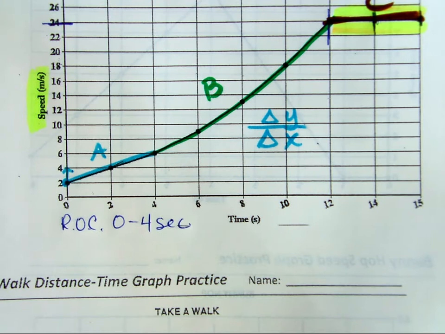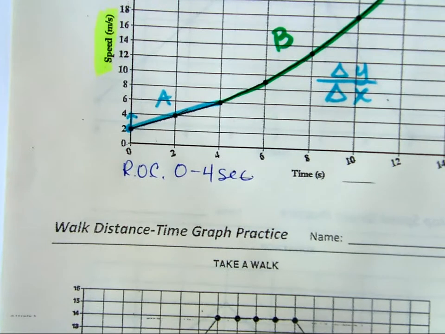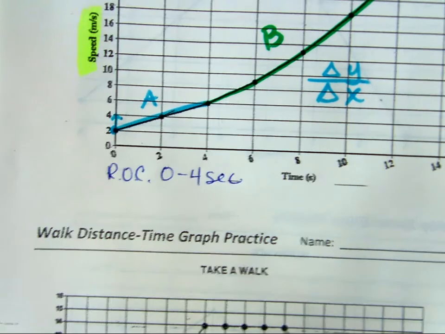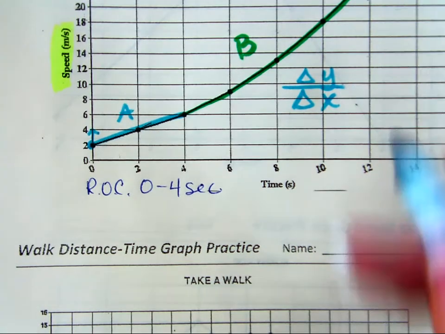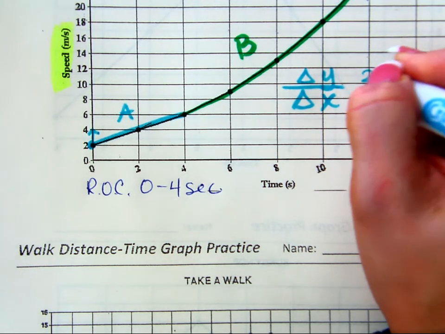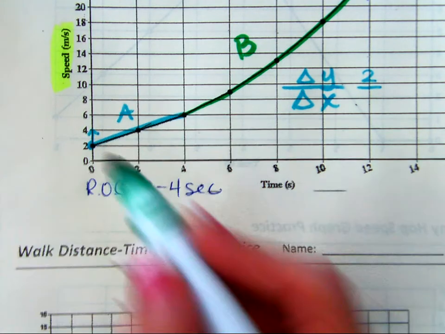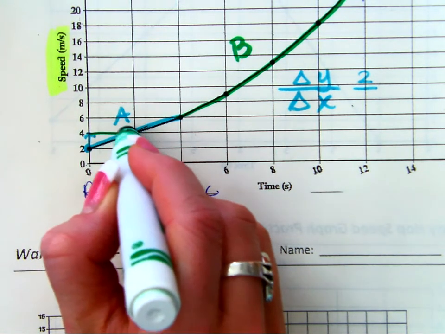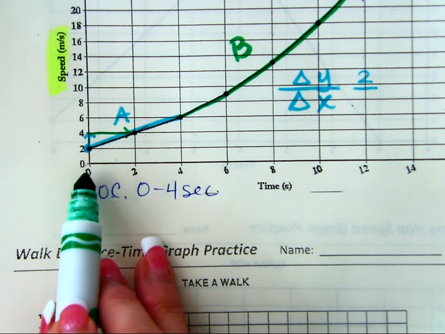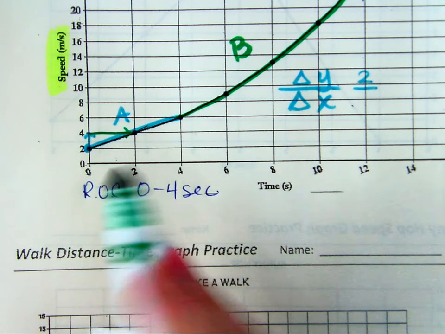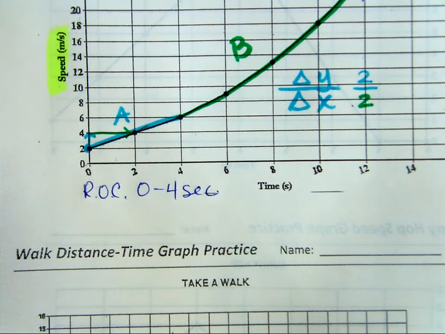So I went from 2 up to 4. What was the change in my y? 2, right? Now, I'm going to see what the change in my x was. I went from 0 to 2. So what's the rate of change for A? 1.